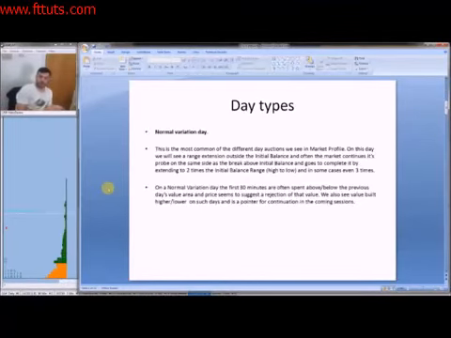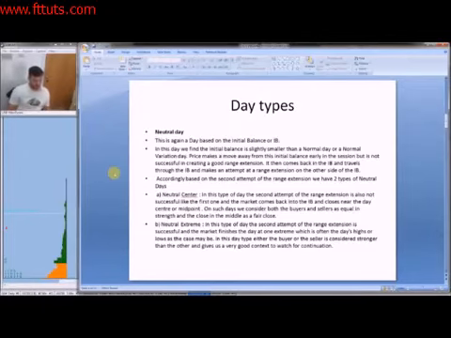A normal variation has somewhat of a smaller initial balance, but by the time we get down to a neutral day, that should have an even smaller initial balance. So the initial balance and the size of it within the first hour of trade is of course a key barometer and a key indicator as to what type of day at the outset we are likely to get.